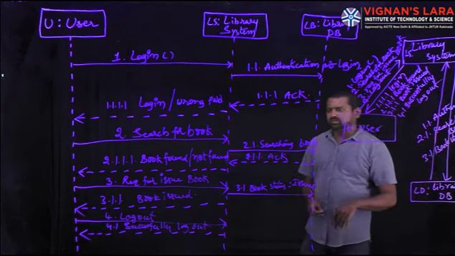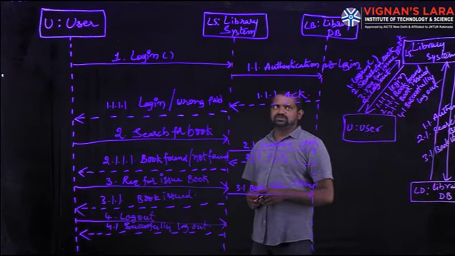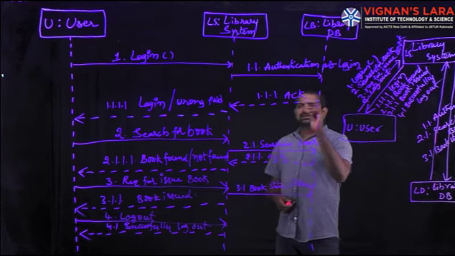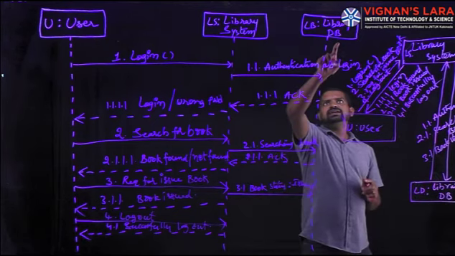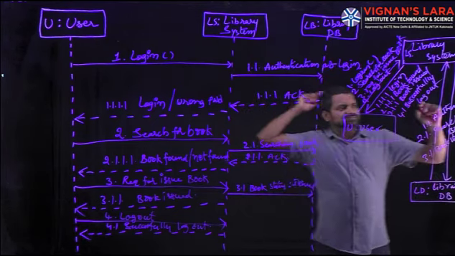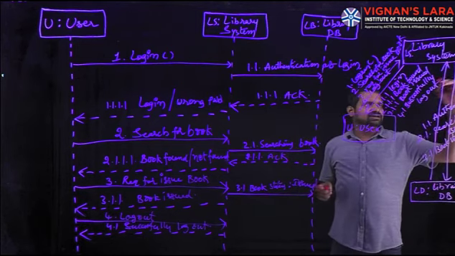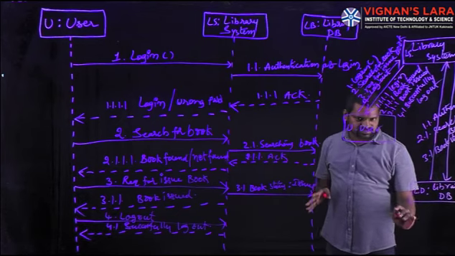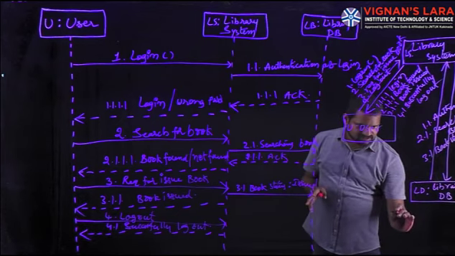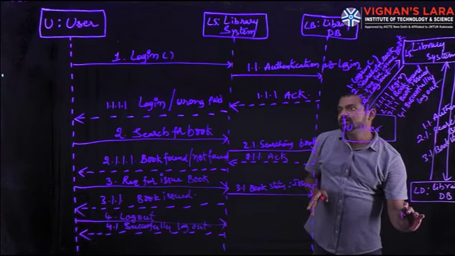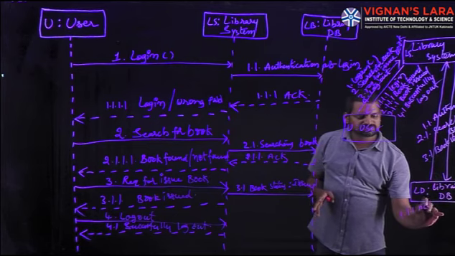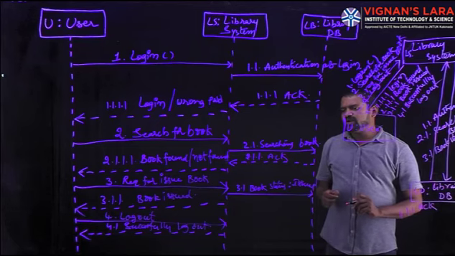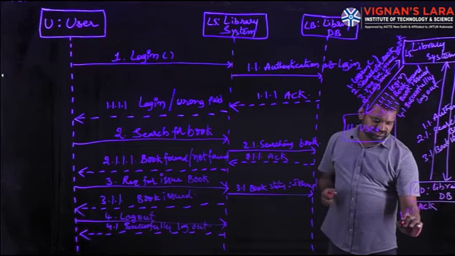How many responses are there? 1.1.1 acknowledge from library database to library system. There is no space here, so I have to write it below. 1.1.1 acknowledge. 2.1.1 also acknowledge.